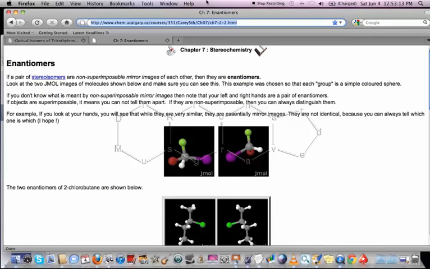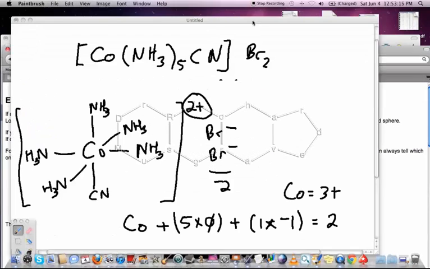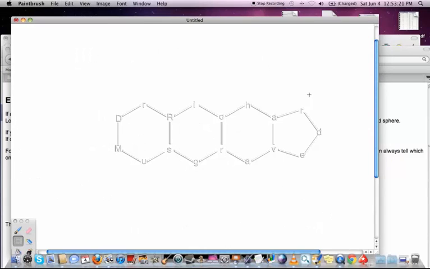Let me show you another example and just highlight why this doesn't happen in other cases. Let's say we've got a chromium now, and let's put a chromium with 2 Brs on it, and I'll show you what happens when we have 2 of the same thing attached to a central atom.